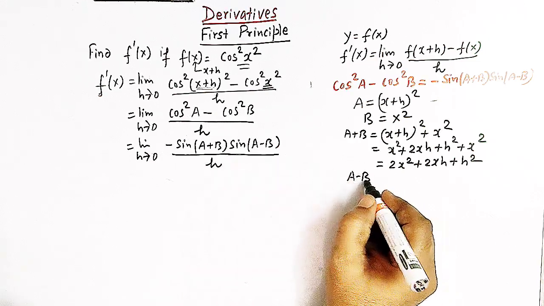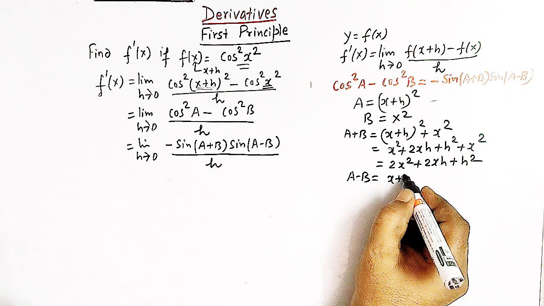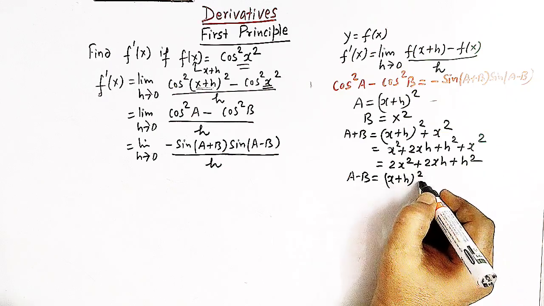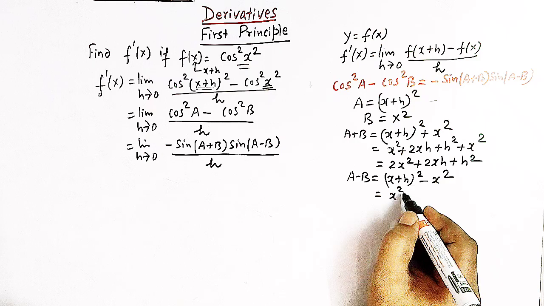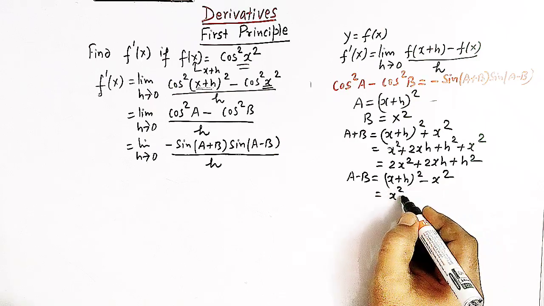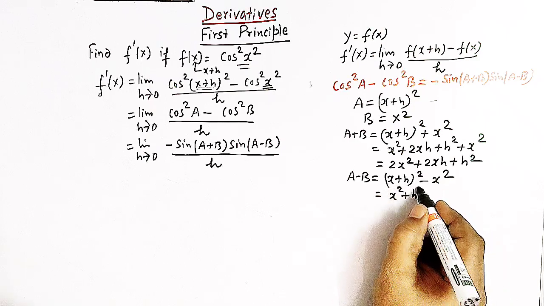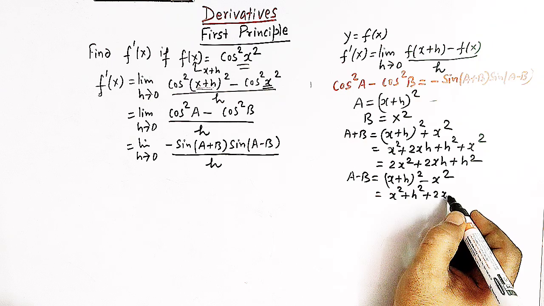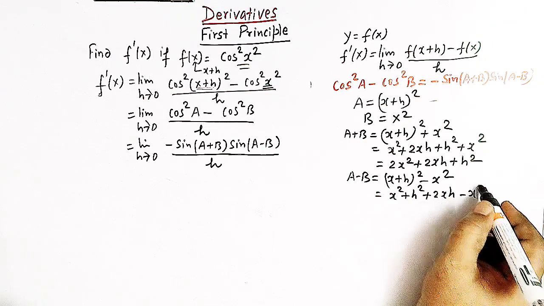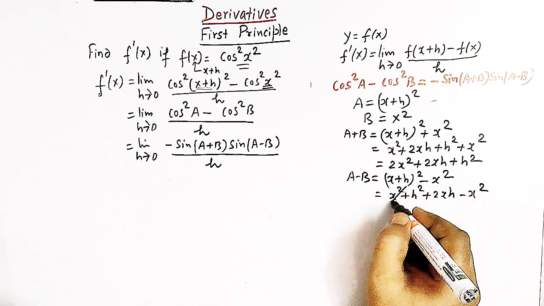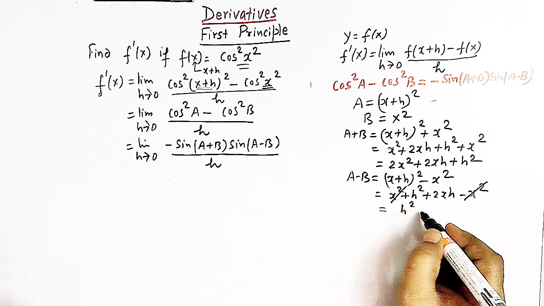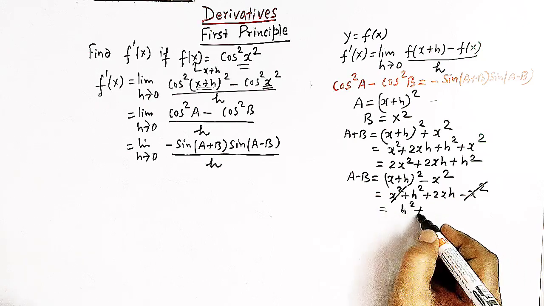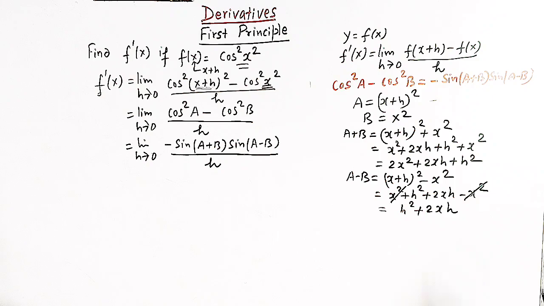We can have a minus b as x plus h square minus x square. So we have x square plus h square plus 2xh minus x square. So this term and this term get cancelled, so we are left with h square plus 2xh.